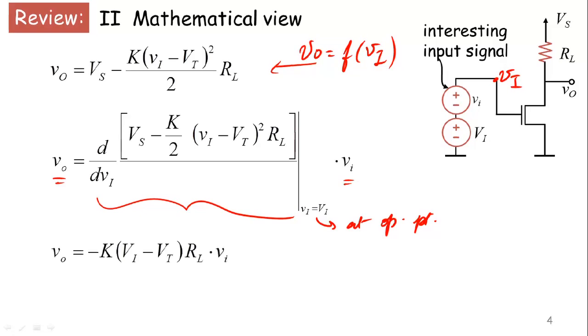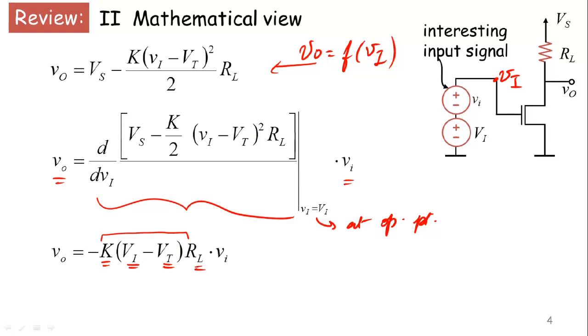Then taking the derivative, this is what I got: minus K times (VI minus VT) over RL times vi, the small signal vi. Notice that the parameters K and VT are related to the MOSFET, capital VI was the operating point voltage, and RL was a circuit parameter.